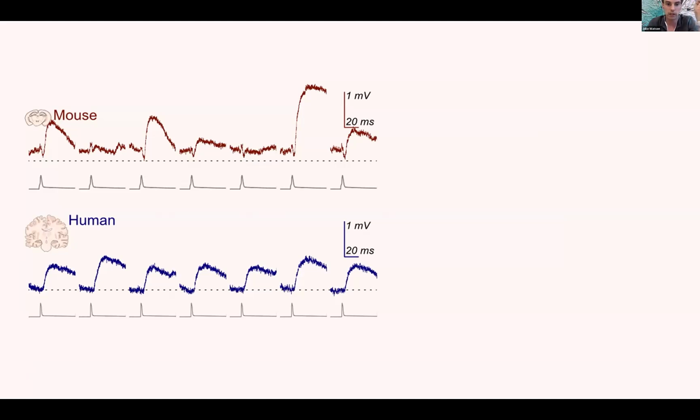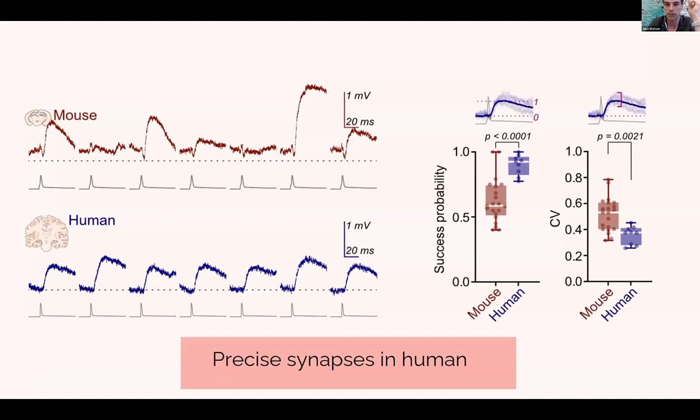We saw very reliable and very precise synapses. So we saw very rare failures, which you can see in the success probability here. And you also saw that the variability in the size of these responses was much lower. So in short, we see precise spiking and precise synapses in human tissue. And therefore, it seems that human circuits will be working in some different way to what we would expect from all the physiology that's been done in mice.